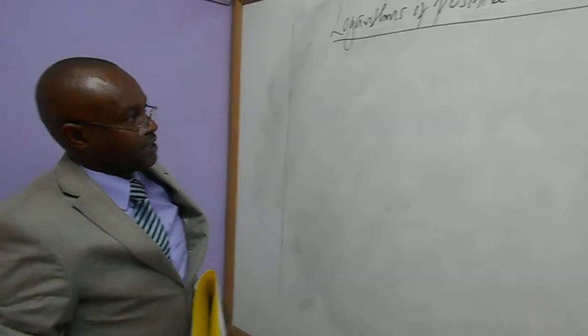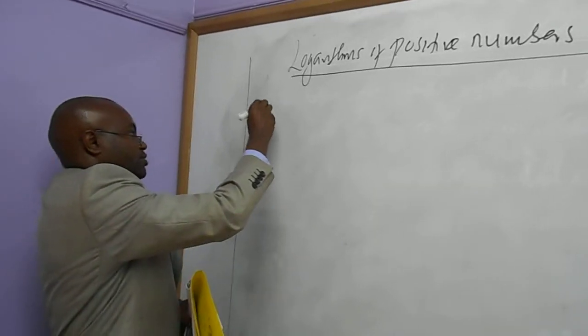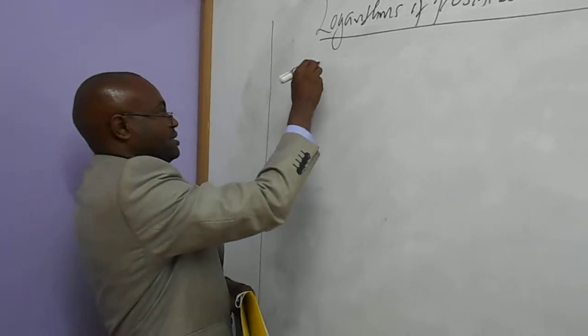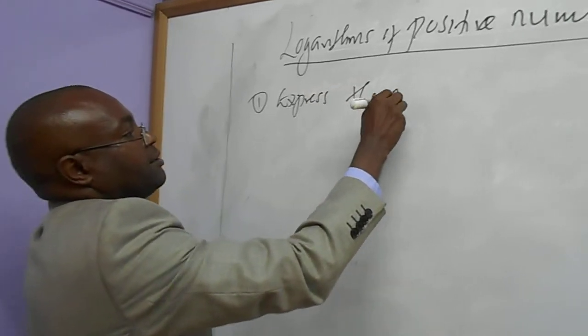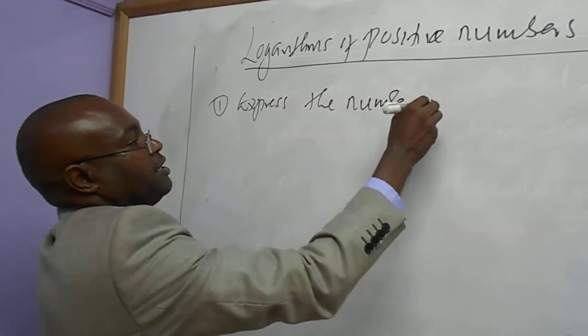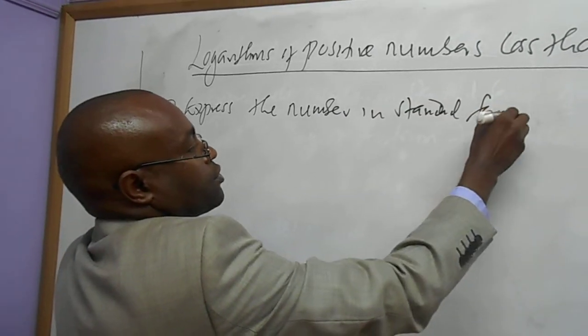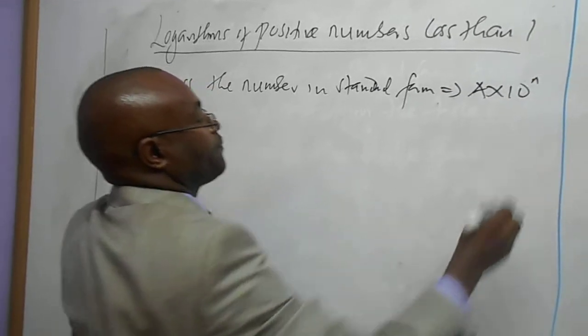Just like we looked at logarithm of numbers greater than 10, the same procedure applies. Express the number in standard form, that is the form a times 10 to power n.